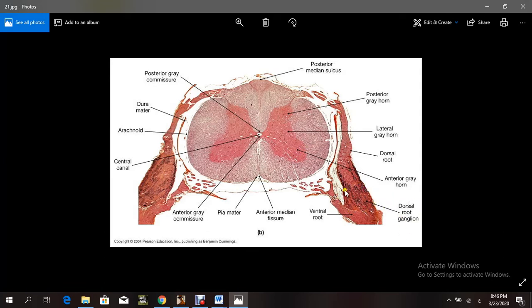This is the dorsal root ganglia on one side, and this is the dorsal root ganglia on the other side, which carries the sensory innervation from the targeted tissue towards the neuronal cell bodies within the dorsal root ganglia. Usually these are pseudounipolar neurons. The sensory innervation comes to those neurons, then towards the spinal cord.